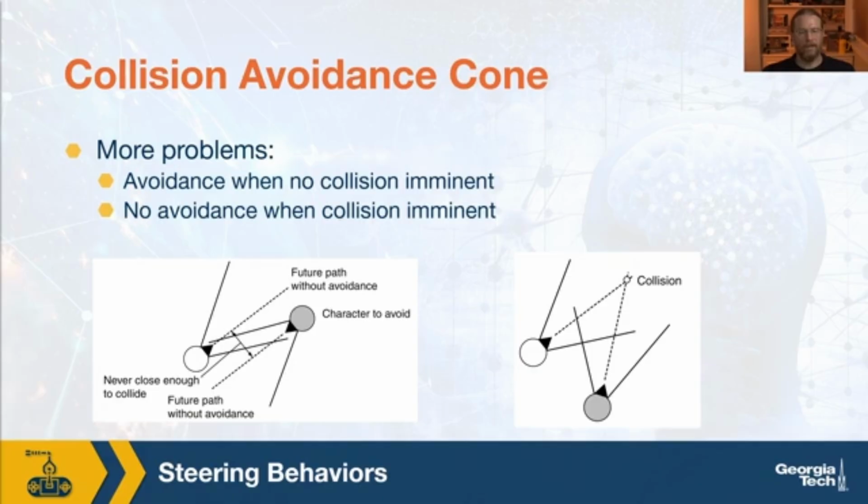You can also have a scenario where two agents moving in roughly the same direction are starting to converge in their paths, and so there might not be avoidance in time, and the collision actually occurs because they're not able to, say, accelerate away from each other with enough warning.